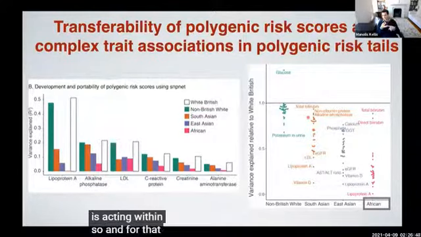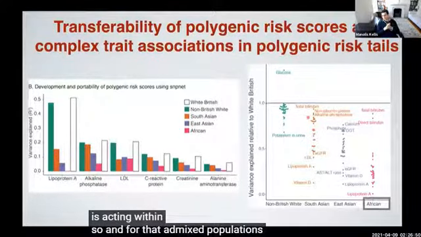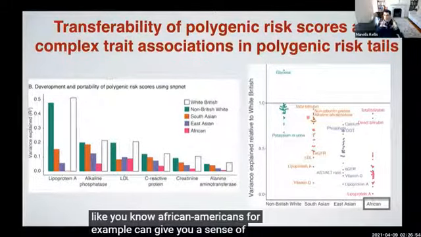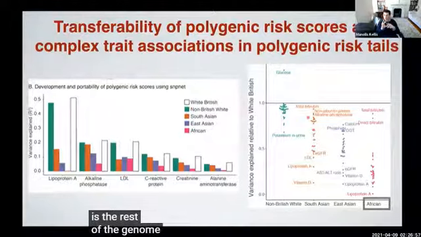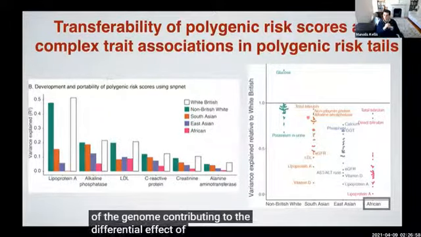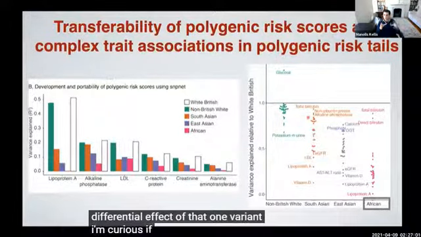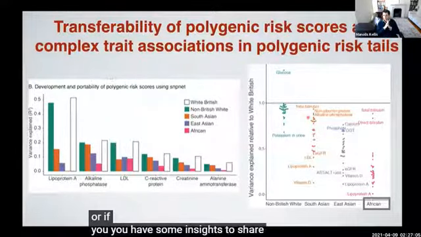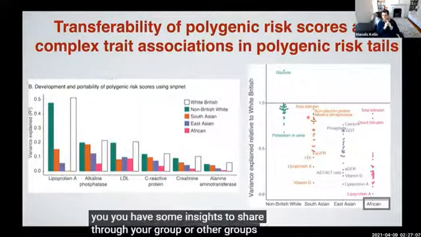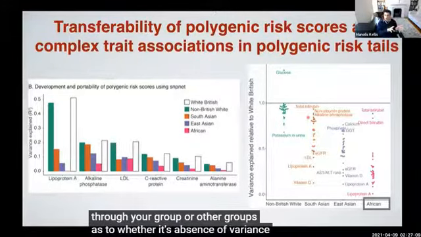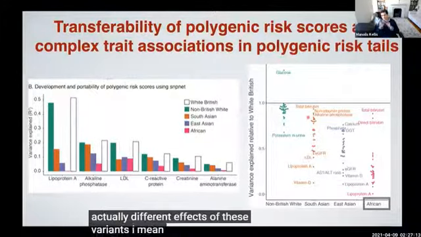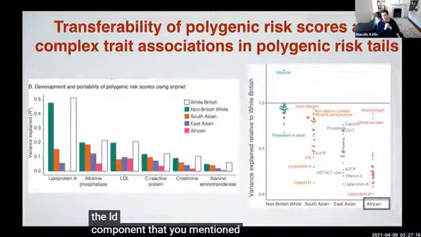For that, admixed populations, like African Americans, for example, can give you a sense of how much the rest of the genome is contributing to the differential effect of that one variant. I'm curious if you've looked into these, or if you have some insights to share through your group or other groups as to whether it's absence of variants or actually different effects of these variants. I mean, in addition, of course, to the LD component that you mentioned.